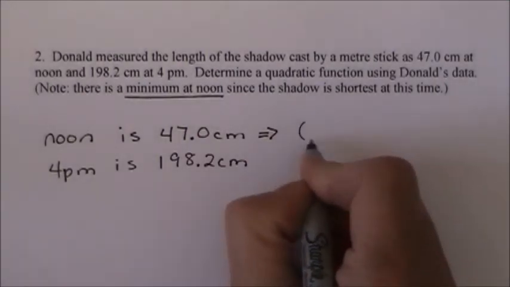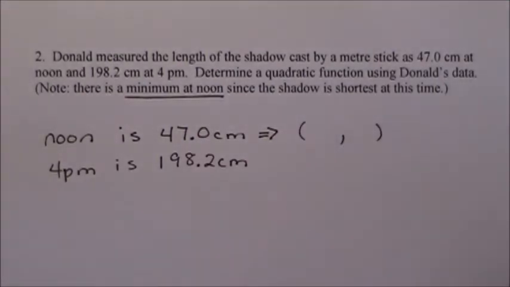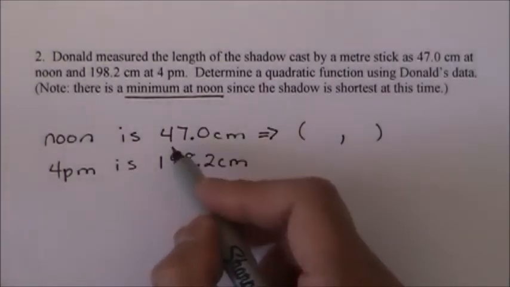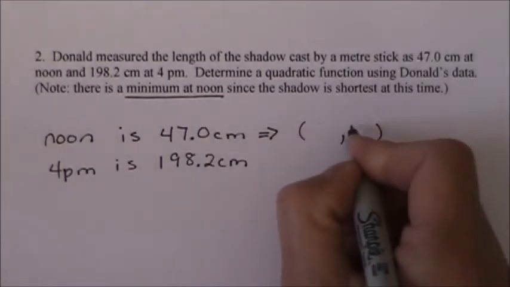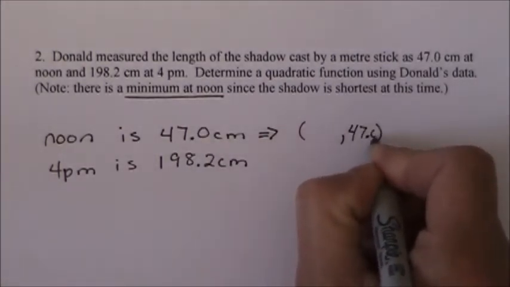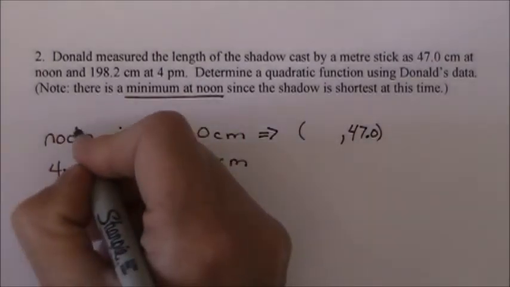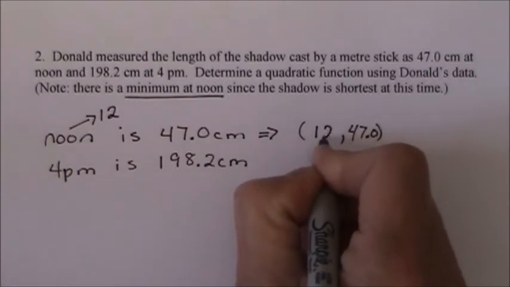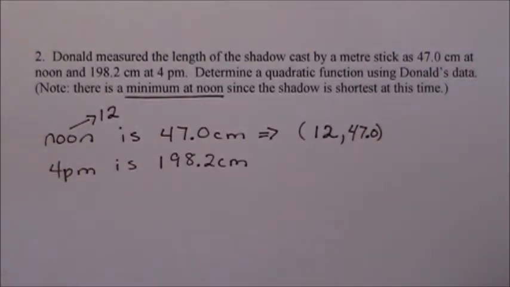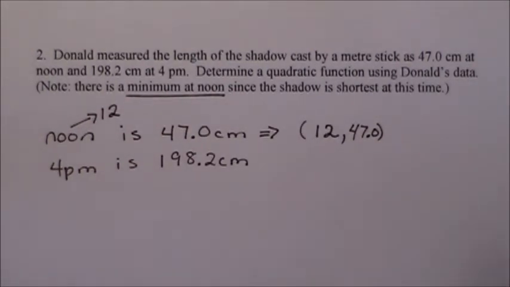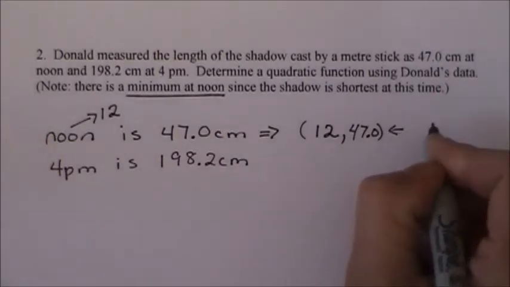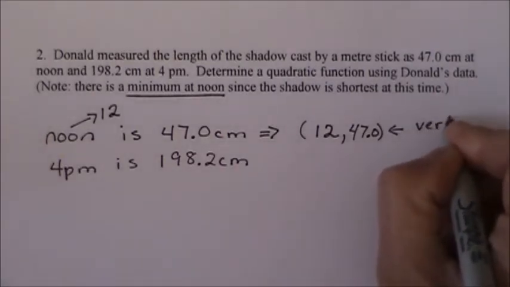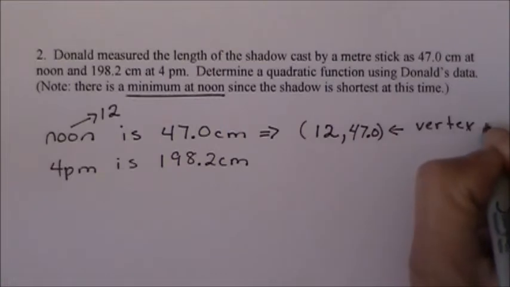Now we're going to need some points. Our distance is going to be our y value, so how long that shadow was. Noon would be the same as 12. So we have 12 as our x value. Now, we said that this was going to be our vertex since it was our minimum.